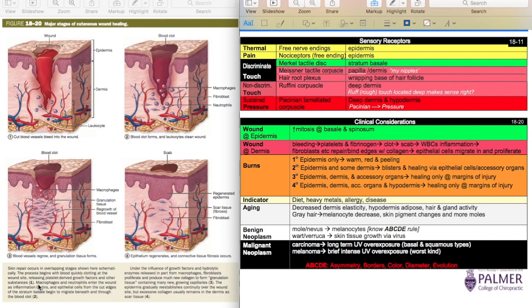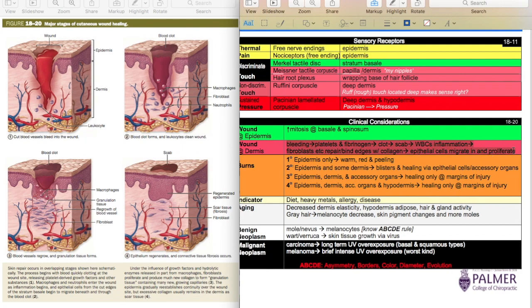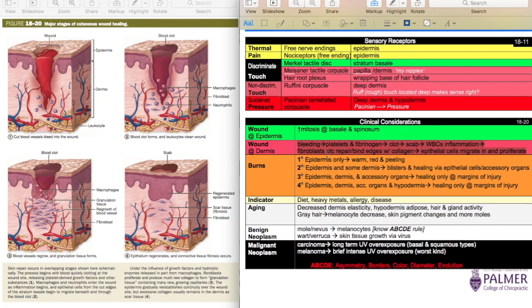You don't need to know all the specific cell types of what comes to the circulatory system. You've already actually covered some of this stuff when you were learning about connective tissue and fibroblasts before. So if you look at wound in the dermis, if you know this much, that's what's in your notes and you're good.